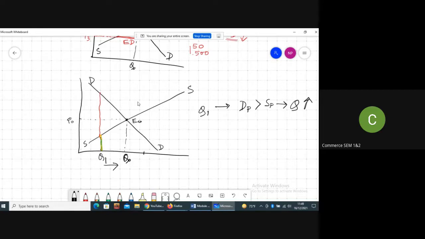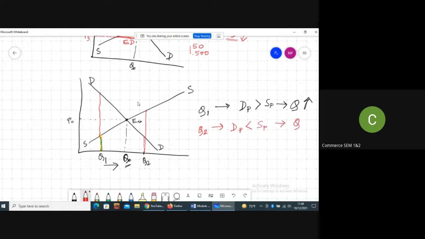Now, if we are at some point here, a higher output level than the equilibrium output level Q0, say if the market produces Q2 amount of output, then what will happen? Then the demand price is how much? This distance is the demand price and the supply price is this distance. So for Q2 output, demand price is less than supply price.